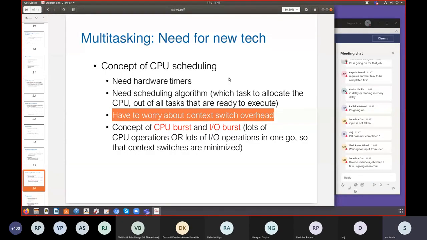Then we decided to allocate the CPU to a job for 5 milliseconds each. Now there are 50 jobs in the system. So should we decide to allocate the CPU for 1 millisecond only to each job? Or do you think that can lead to some other problem?